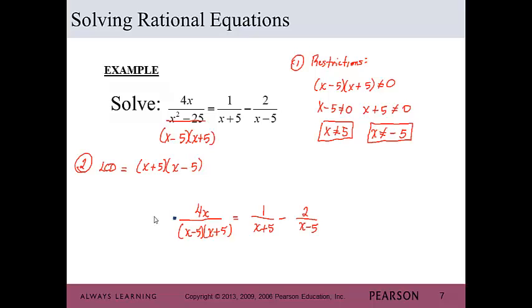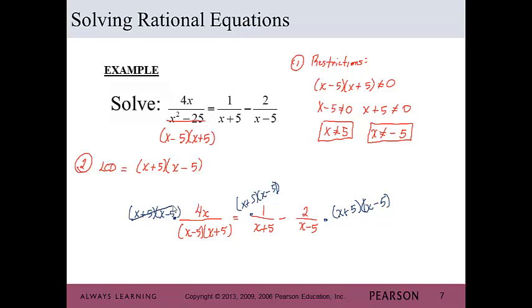So we're going to multiply this term by the LCD, which is x plus 5, x minus 5, as well as this term, x plus 5, x minus 5, and the last term, x plus 5 times x minus 5.